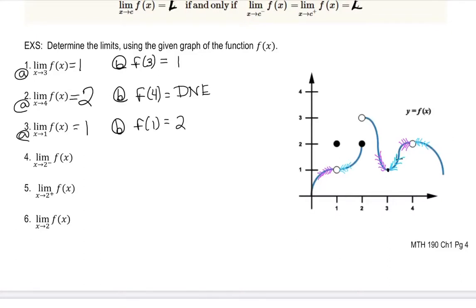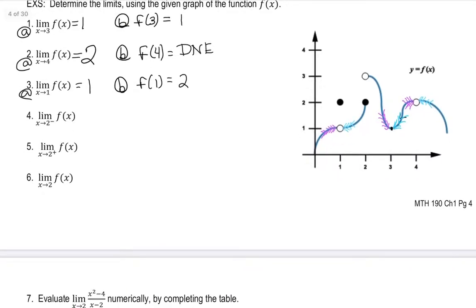All right, so this next one, you may be asked just for a one-sided limit. If they only ask you for one side or the other, like in number 4, what is the limit as x approaches 2 from the left? I'm traveling along my function, getting closer and closer to 2 from the left, and my y values are simply getting closer and closer to 2.